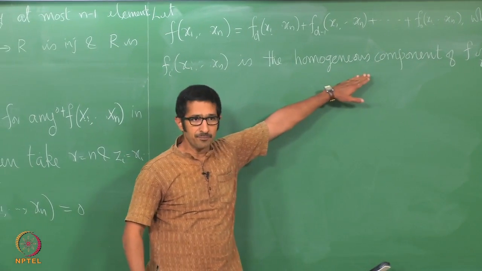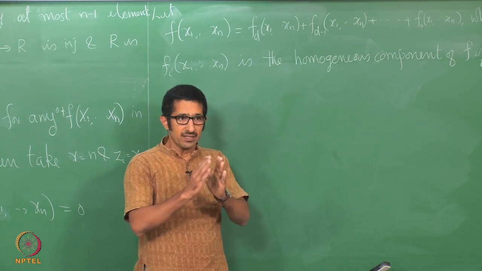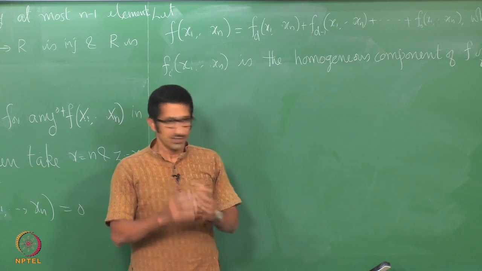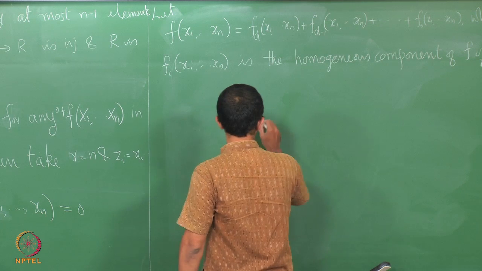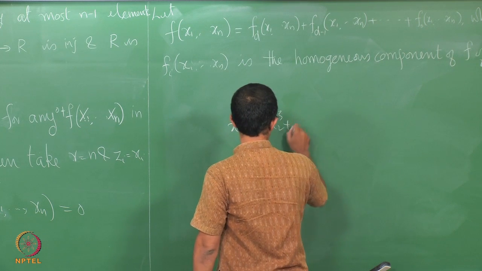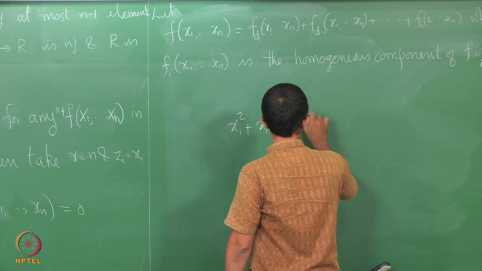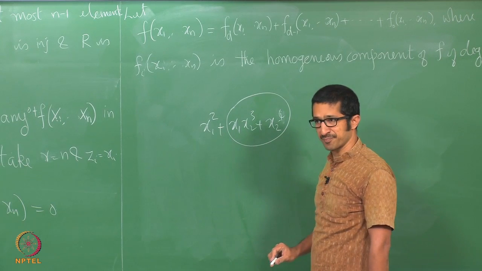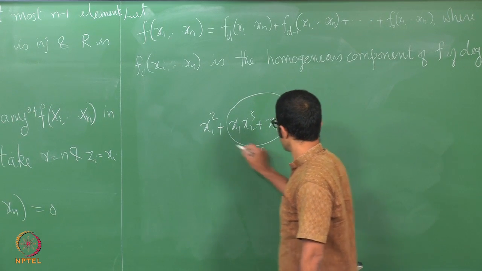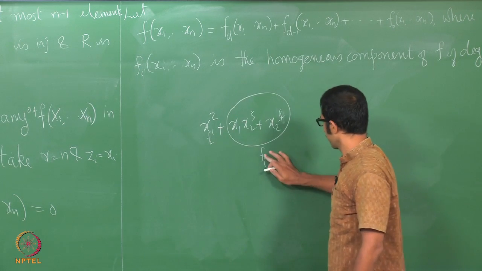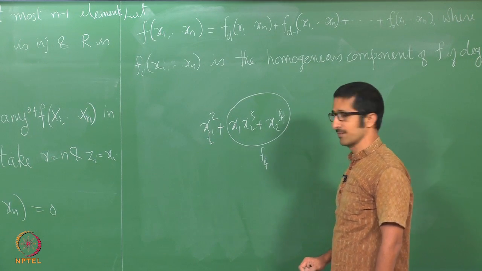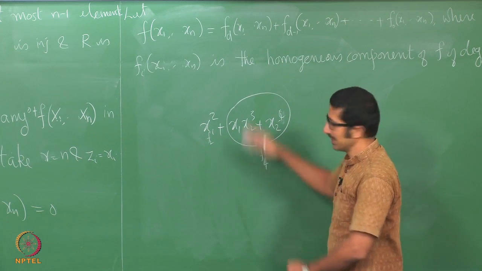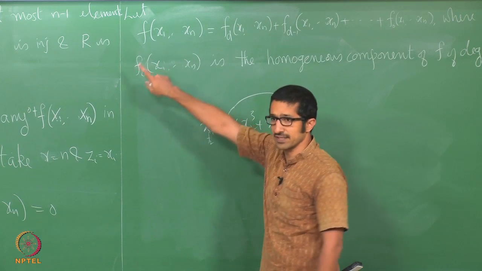Do you understand this? The homogeneous component means the terms of degree i. So if I take x1 squared plus x1 x2 cubed plus x2 to the power 4, this is the degree 4 component, this is f4, this is f2. I collect all the terms of the same degree and write this as f_i.